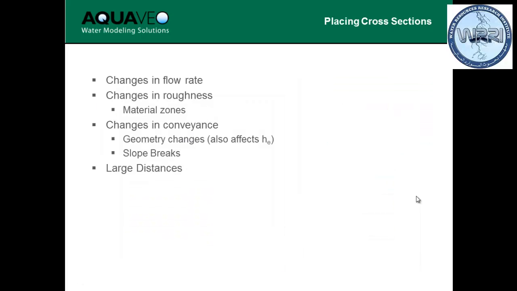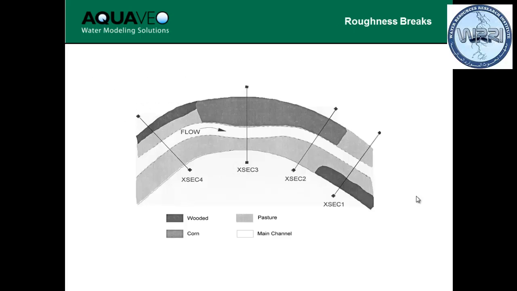When I create cross-sections, there are some rules to follow. You should create cross-sections wherever you have changes in flow rate, changes in roughness, changes in conveyance. So if the river gets wider or narrower at different locations, you need a cross-section. Wherever there's a change in slope and over large distances, you should have cross-sections.